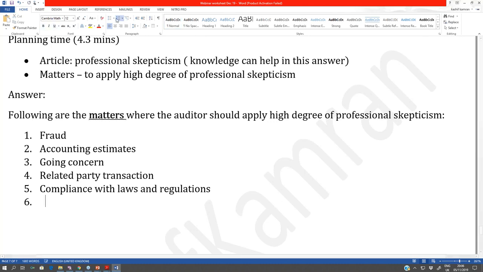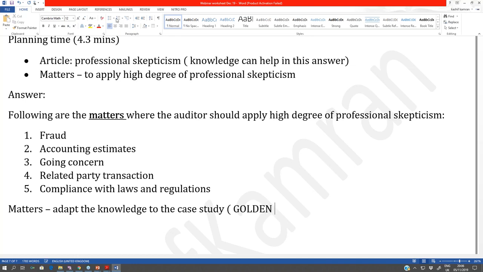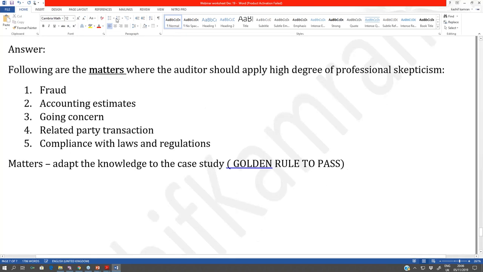And when I need to write the matters, I need to adapt the knowledge to the case study. Do you all believe this is the golden rule of thumb to pass the P7 paper? And how many times do students not do this?